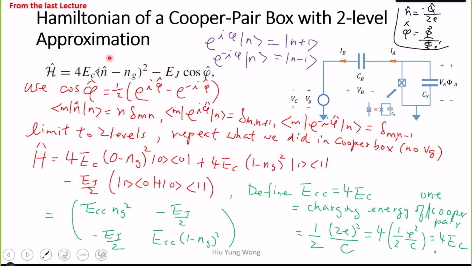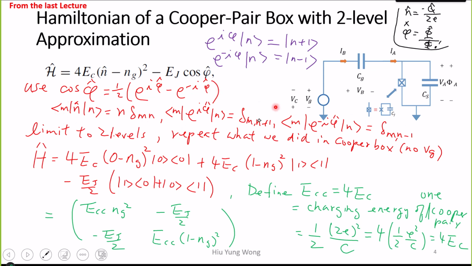So with that, we came up with this Hamiltonian, in operator form. If we can solve this, we can solve the behavior of this circuit, the equation of motion. We have n hat minus ng, where ng is just a number, the offset charge, minus EJ cosine phi. And then we use the identity that cosine phi becomes half e to the i phi plus e to the negative i phi.